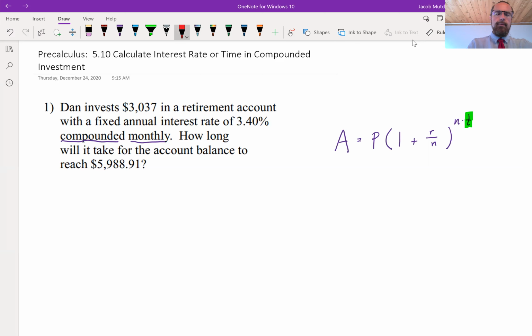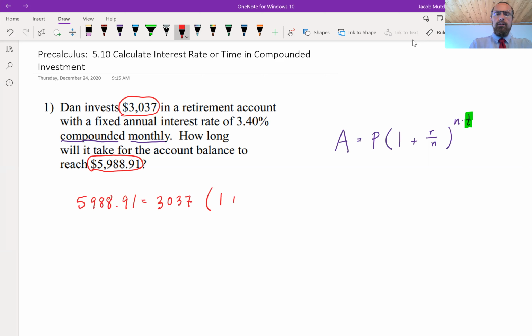So the future amount is this $5,988.91. That's my A value. I'll make the substitution. The principal is going to be the smaller amount, since this is a growth situation. So I'm going to put for principal 3,037.